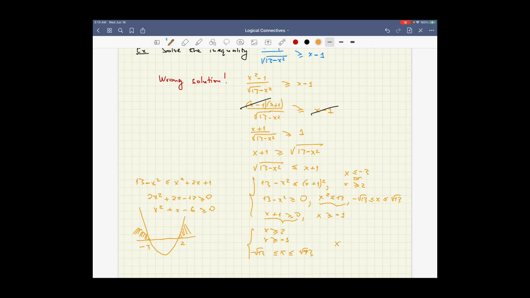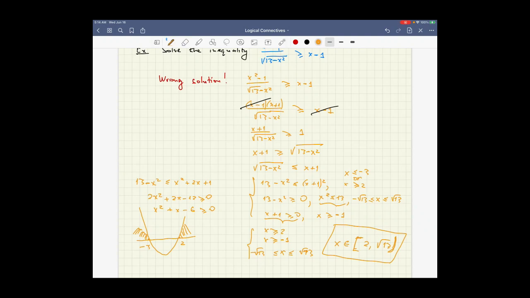So that gives me that x is between 2 and root 13, including 2. As you will see in a minute, this is the wrong answer.